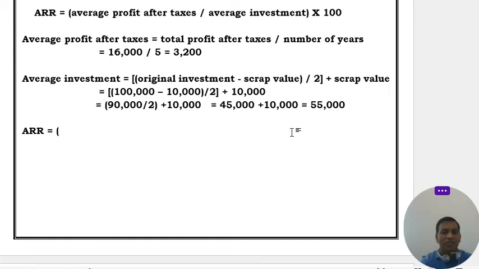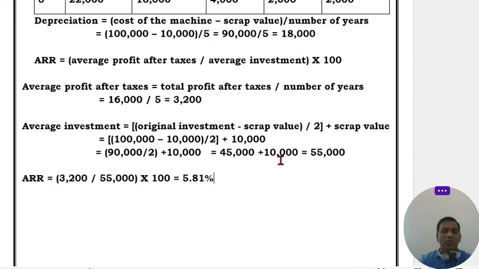Average profit after taxes 3,200 divided by average investment 55,000, multiplied by 100, that equals 5.82, 5.81 percent. So the ARR, accounting rate of return, for this project is 5.81.